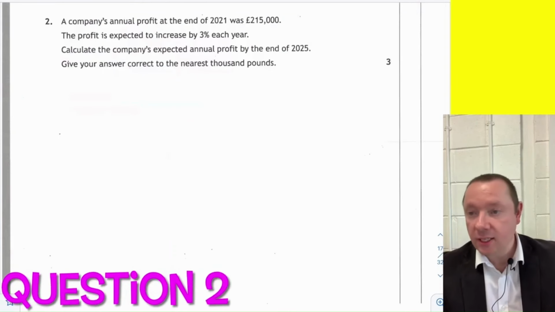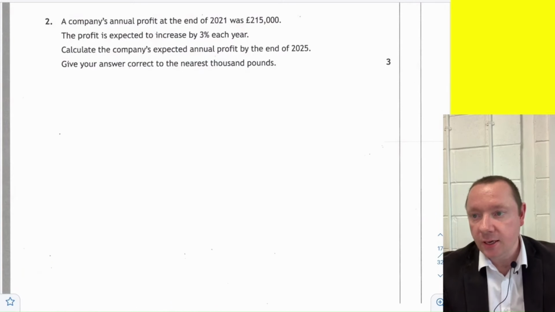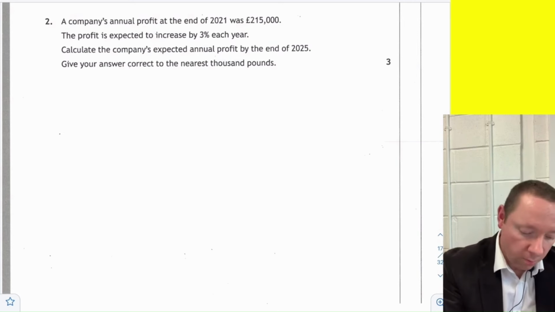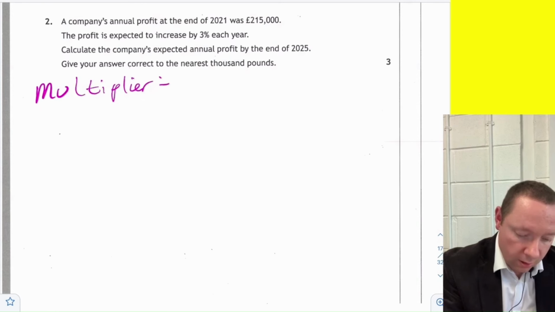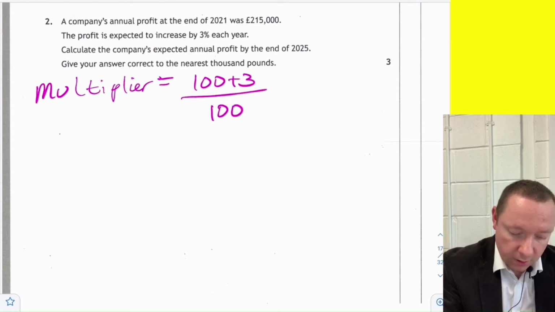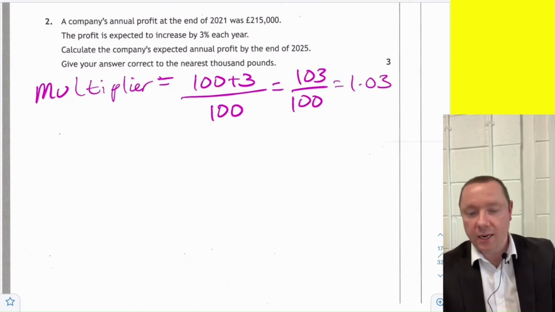A company's annual profits is 215,000, increased by 3% a year. What's the annual profit by the end of 2025? So our multiplier, 100 plus 3 divided by 100 is 103 divided by 100, which is 1.03. Start with 100%, added 3%.